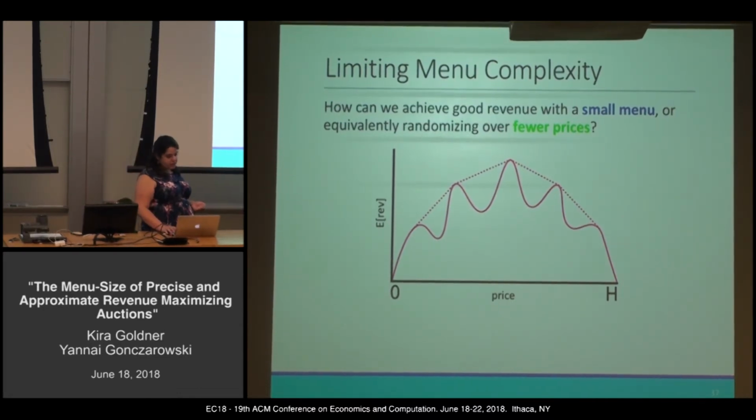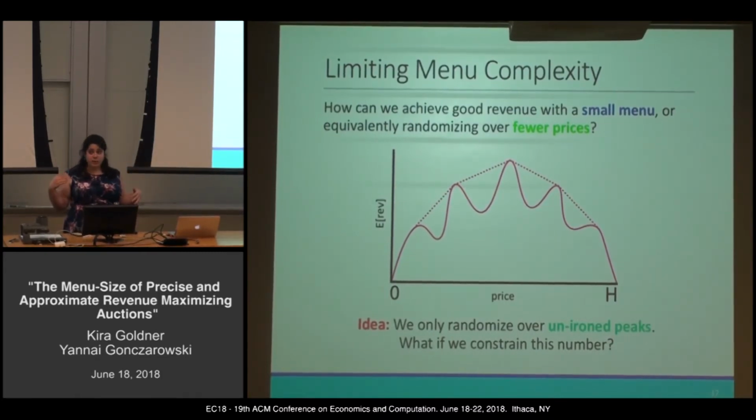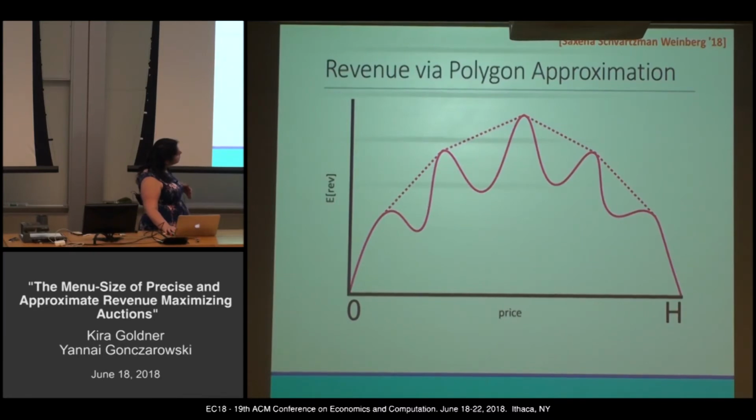And the answer is, well, since we only randomize over these unironed peaks, what if we just limit the number of unironed peaks? Okay? And so, for example, we could take this curve, we could scale down the curve and say, we're looking for a revenue curve that's going to lie in between so that it'll give us a good approximation between 1 and 1 minus epsilon times this curve.